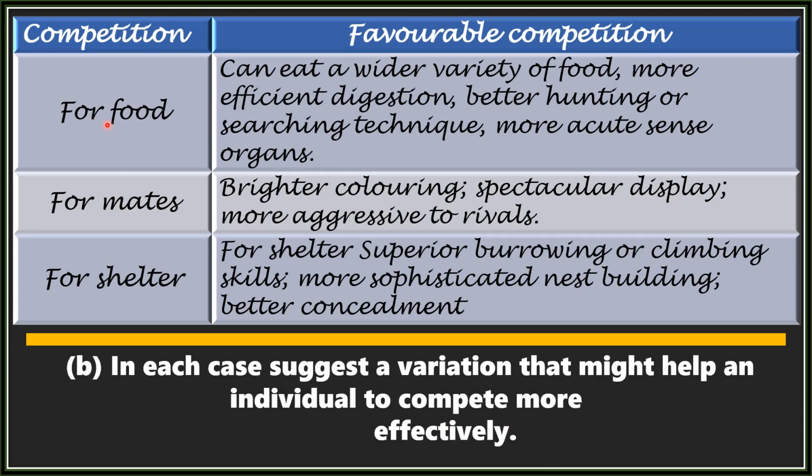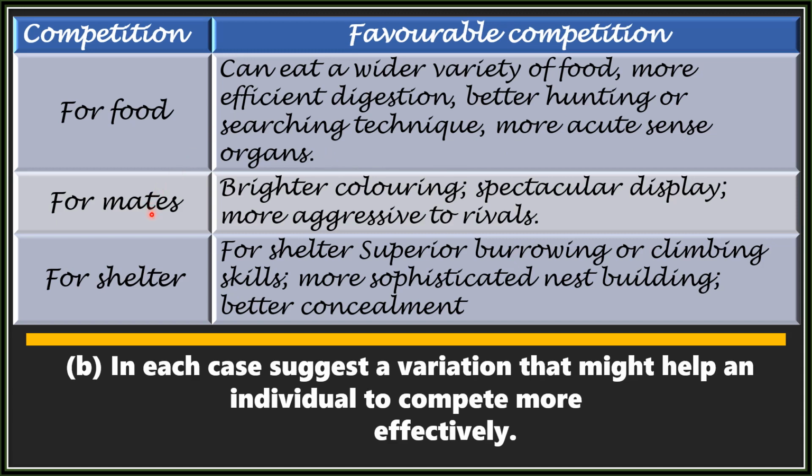If the competition is for food, an individual to compete effectively can eat a wider variety of food. That individual may have more efficient digestion, better hunting or searching techniques, or more sensitive sense organs.